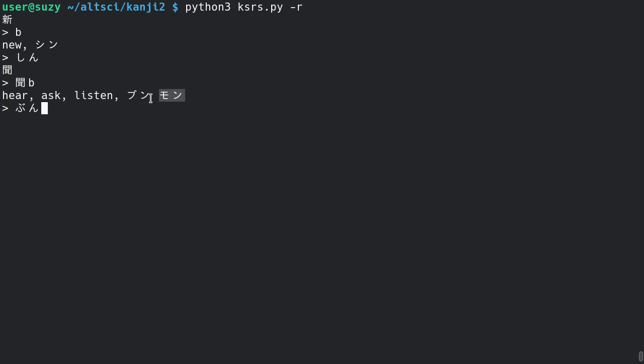And mon I could get from the fact that this is a gate, right? So let me just type in mon and show you what mon looks like. Yeah, so that's the gate, and that is pronounced mon. But we want bun for this for now, and so that's my onyomi for that.